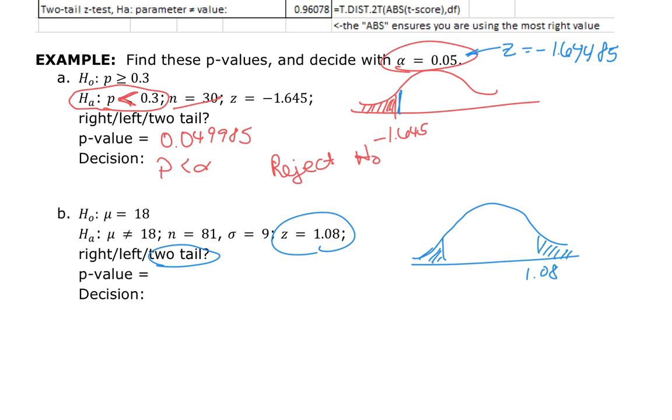My two-tailed test is coming out with a 0.280142. Well, that p-value is much larger than the alpha. So on this one, I'm going to fail to reject.